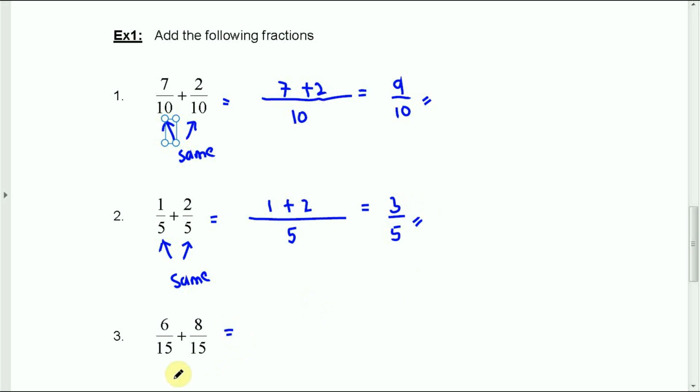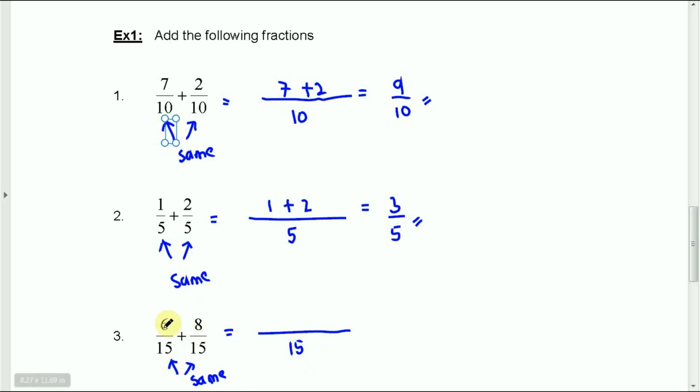How about number 3? Are the denominators the same? Certainly are. Denominator 15 here, denominator 15 here. They are the same. So nice long line with a ruler. Write down that 15.